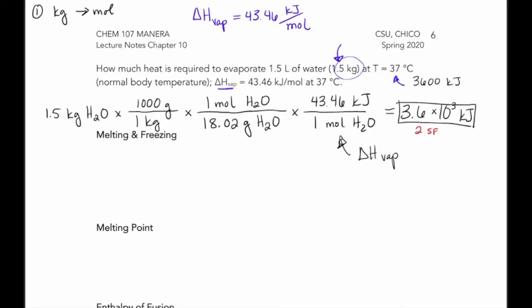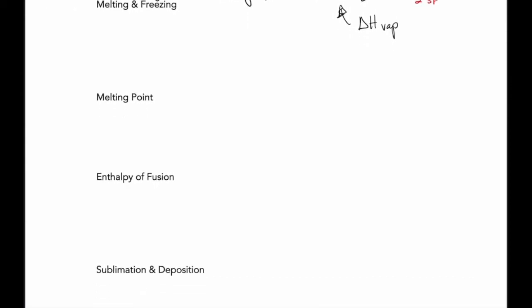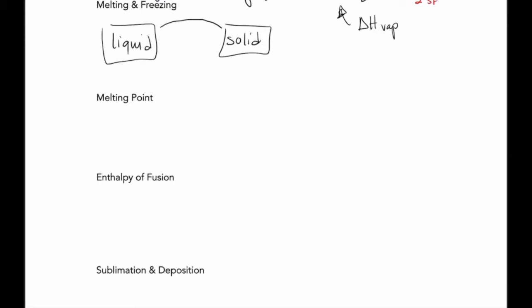The other transition that we're going to focus on just a little bit less is melting and freezing, and that's going to be the transition between a liquid and a solid, right? So we have a solid and a liquid, and that transition, right, if we go from liquid to solid, we call that freezing.